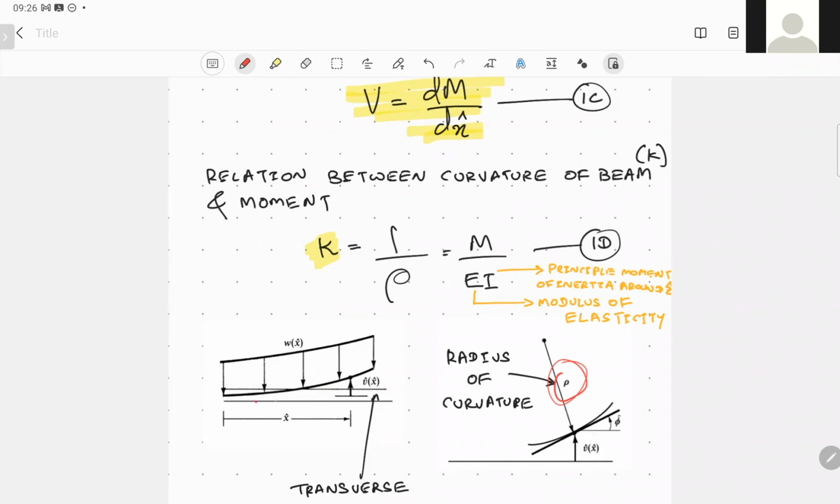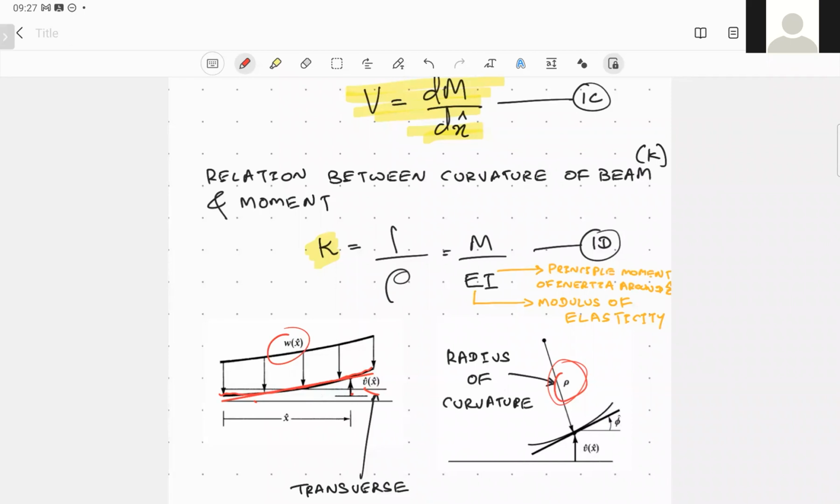Here you can see the axis of the initial beam, and this shows the beam locations or points along the beam after the deformation. Along the beam, that is in the x hat direction, the transverse displacement is described by the function v hat of x. W of x hat defines the normal force or the distributed load applied along the beam.